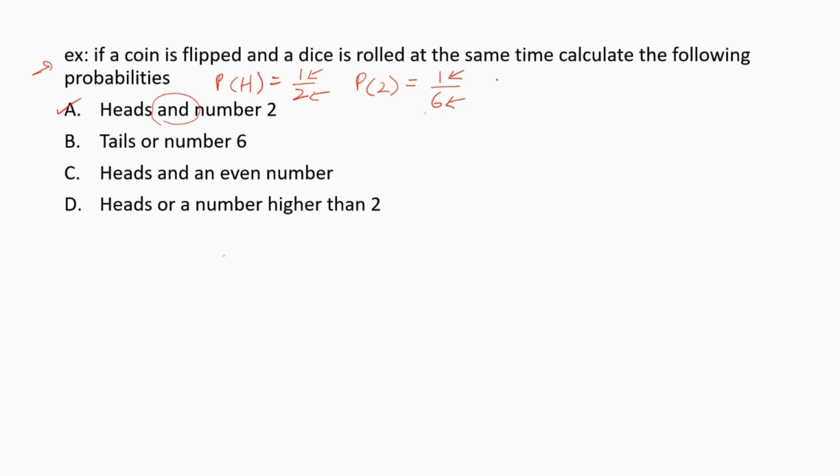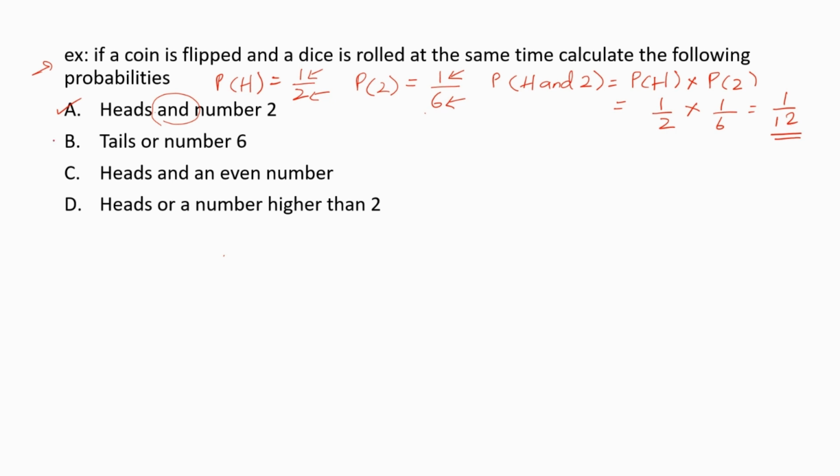Now we use the multiplication law. Probability of getting heads and rolling a number 2 equals probability of getting heads multiplied by probability of getting number 2. So this equals 1 over 2 multiplied by 1 over 6 equals 1 over 12. This is the probability of getting heads and number 2.